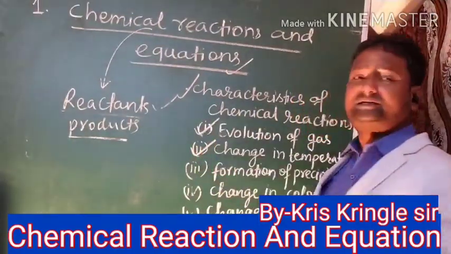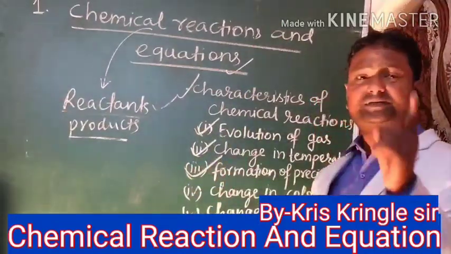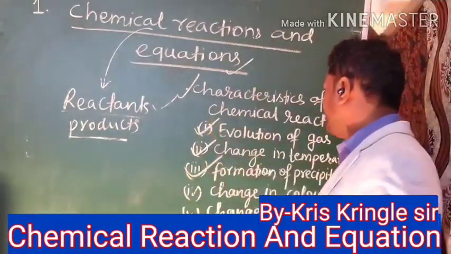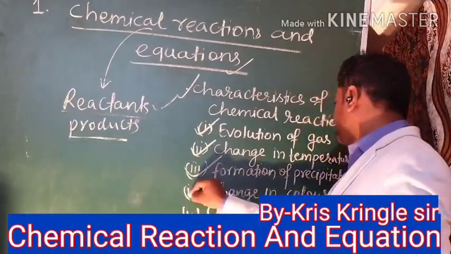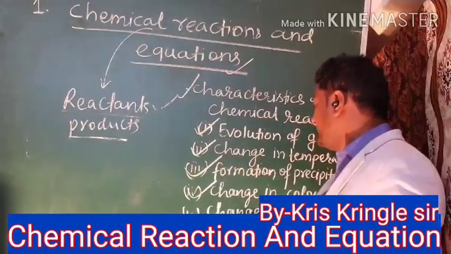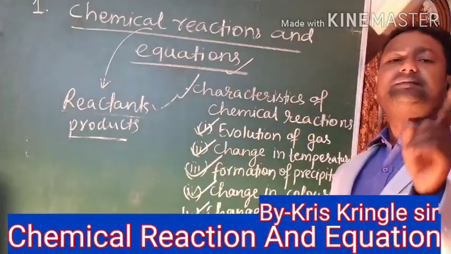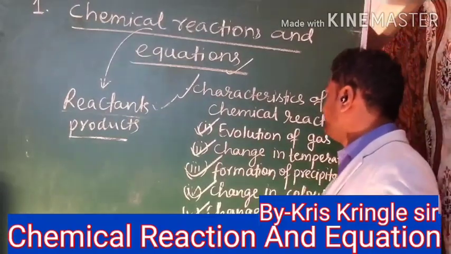If there is a change in temperature, then you can say there is a chemical reaction. If there is a formation of precipitate, then you can say a chemical reaction is taking place. If there is a change in color, then also you can say the chemical reaction is taking place. And if there is a change in state of the matter, then also you can say the chemical reaction is taking place.